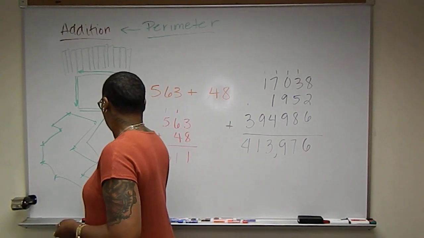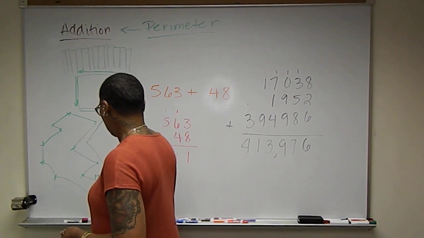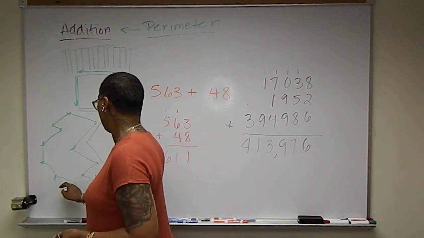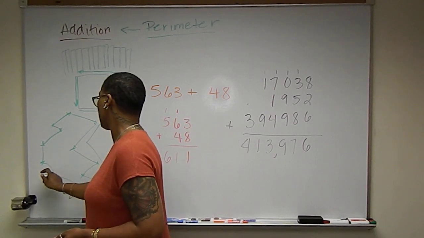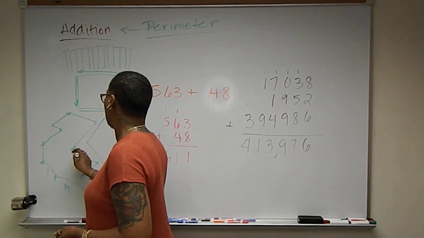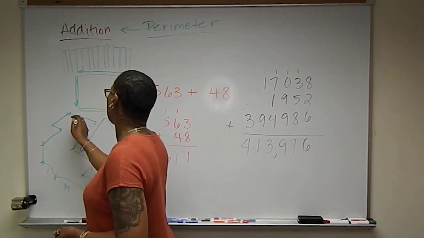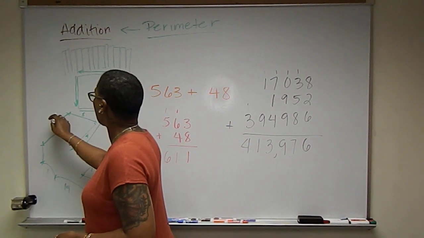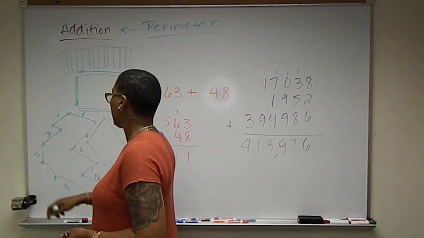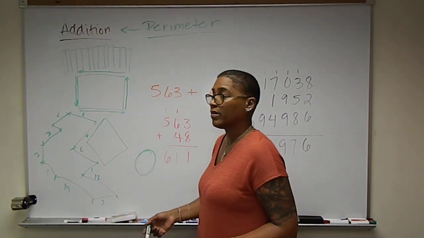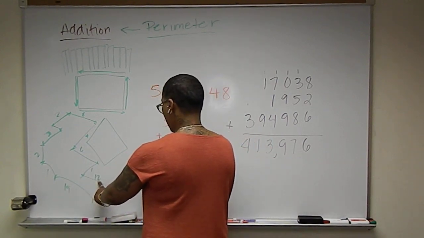So let's just say this was 2, well that's long, let's call that 12. Let's call this 3. Let's call this 19. Let's call that 1, call that 1. We'll call this 6, we'll call that 4, we'll call this 8, we'll call that 2, we'll call these 2. Right? So if we're finding the perimeter of this crazy shape right here, we're simply going to add all of the sides.